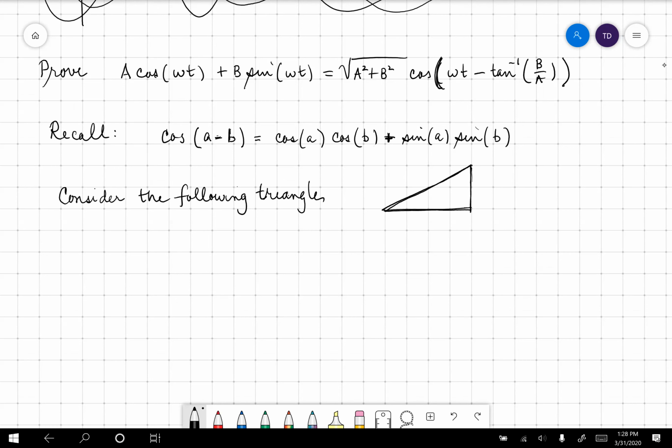If it helps you, envision this as being on the Cartesian coordinate system. Here's an angle theta. I want this length here to be A. So this length is A. That length is B. This here, we know, is the hypotenuse.